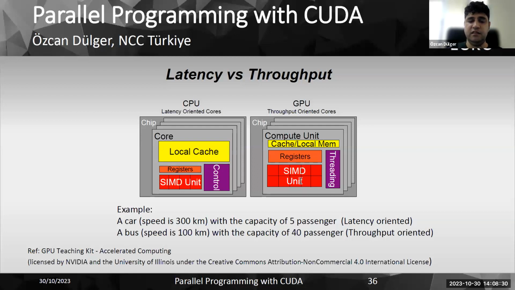But with the bus, we can carry all of the passengers on our first trip. So it takes around 3 hours. So when we compare it, we do the same operations with latency-oriented and throughput-oriented architectures, and there's around a 5x difference. So this is the powerful property of GPUs over CPUs.